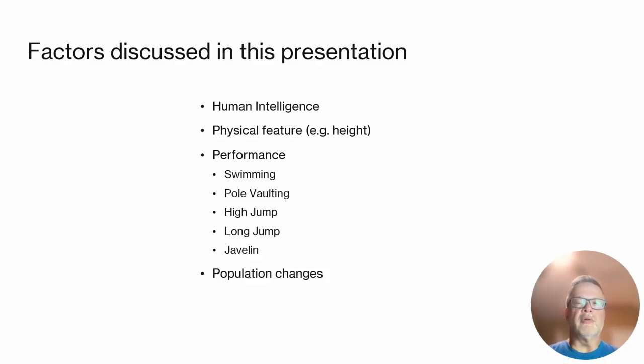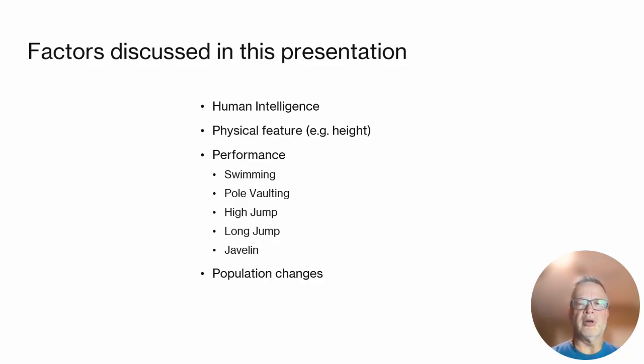So I'll be covering several features, and some of them are related to each other, some of them are not, but when you take them together, you see this interesting pattern appearing, that is a flattening of the change.